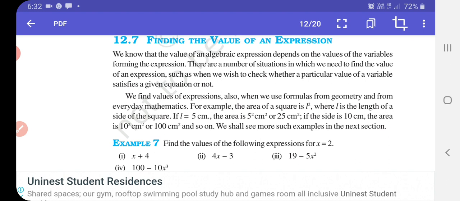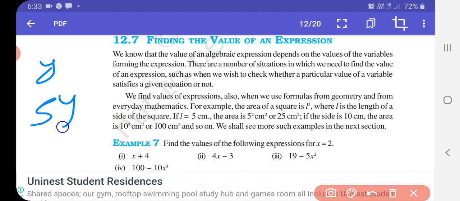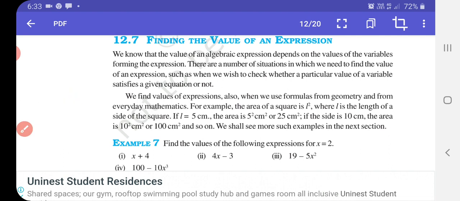If you are buying 5 books, you pay rupees 5y. If the price of one book is y, then if you buy 5 books, how many rupees do you pay? 5 into y. Understand? Okay, then you have to pay 5y rupees.